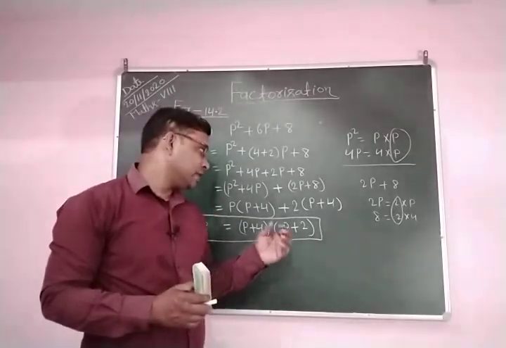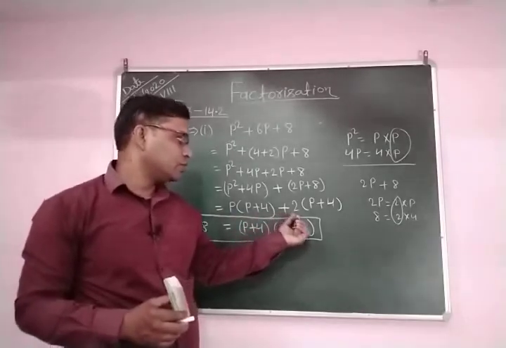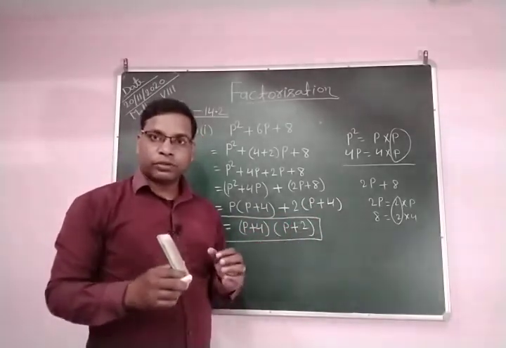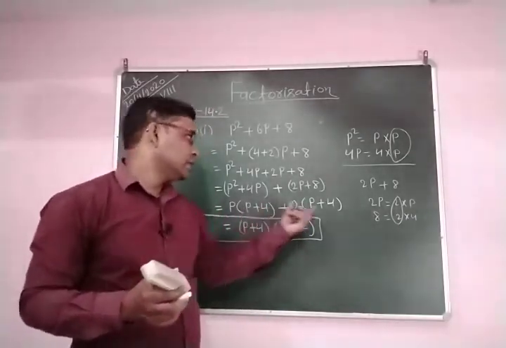After this we take common. You can observe here p into p plus 4 plus 2 into p plus 4. So you can find that p plus 4 is common between both terms. This is the first term, this is the second term.